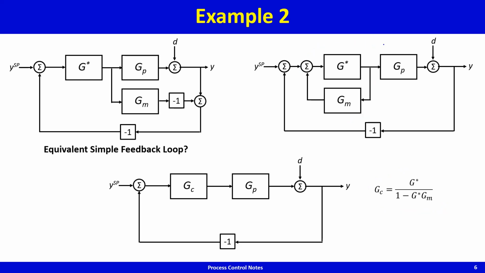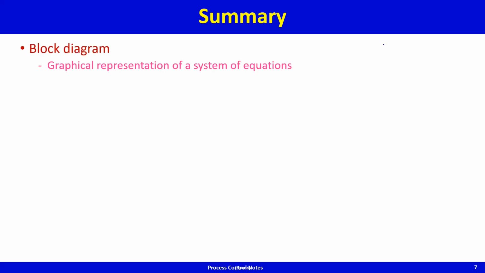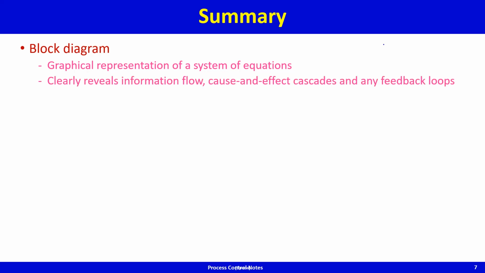With this brief introduction to block diagrams, let me summarize what we have seen in this lecture. The block diagram is a graphical representation of a system of equations. It clearly reveals information flow, cause and effect cascades, and in particular the presence or absence of feedback loops, whether positive feedback or negative feedback.